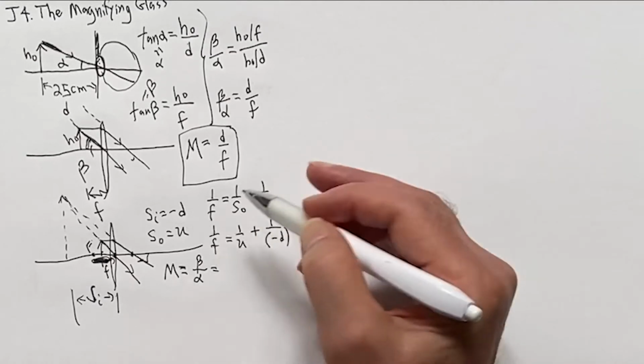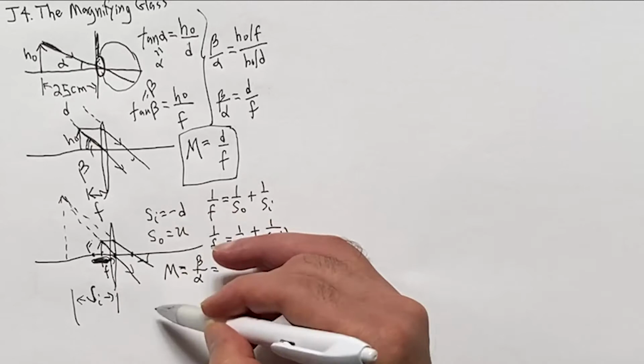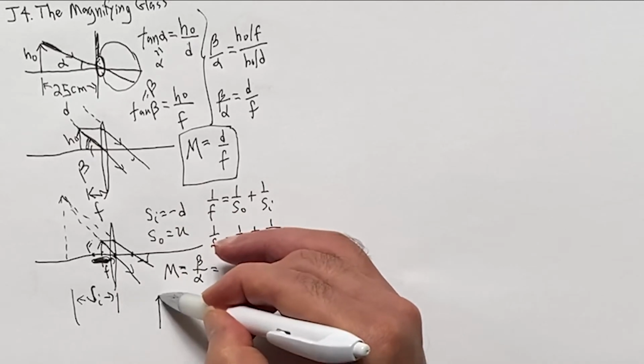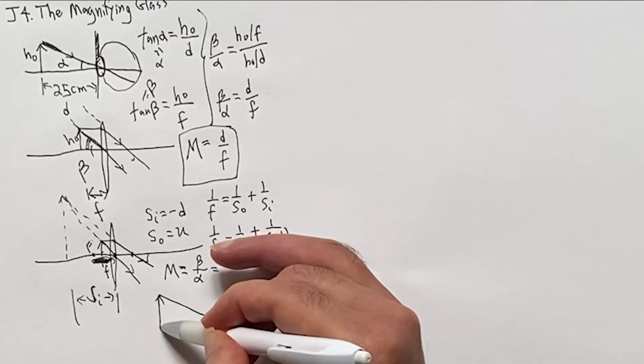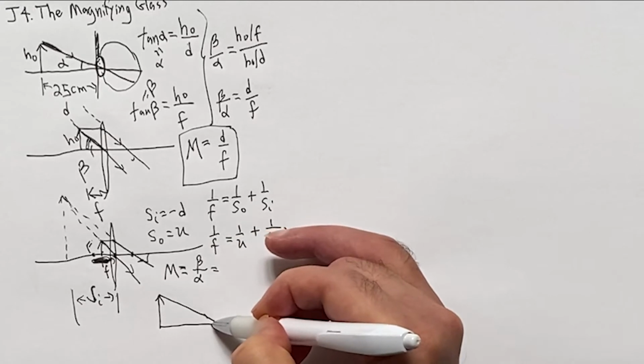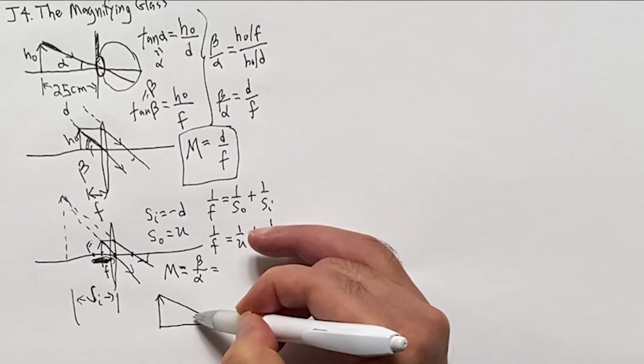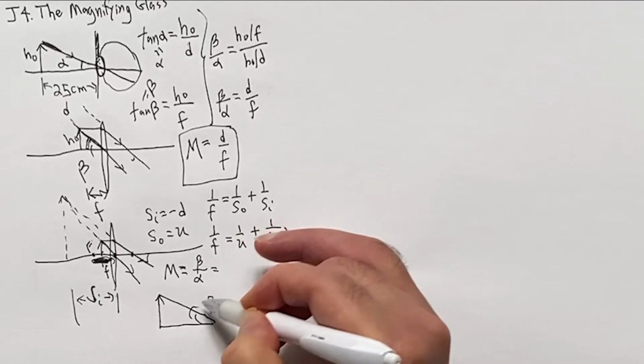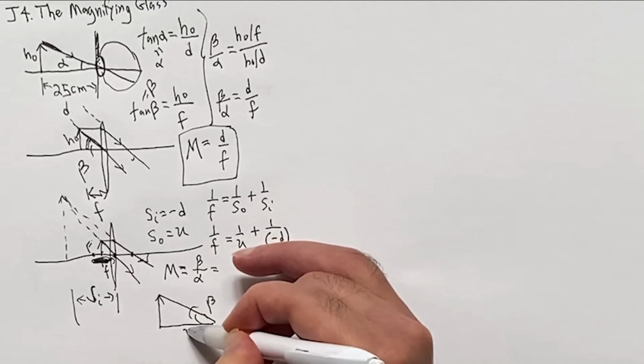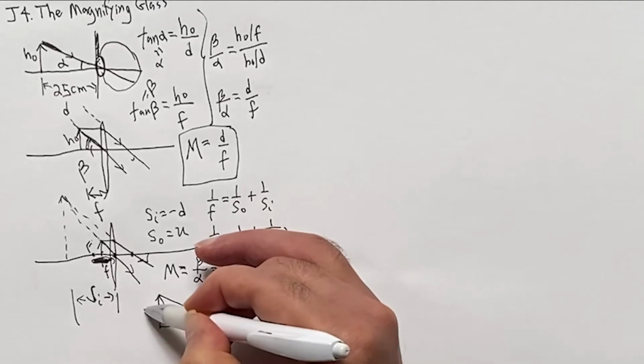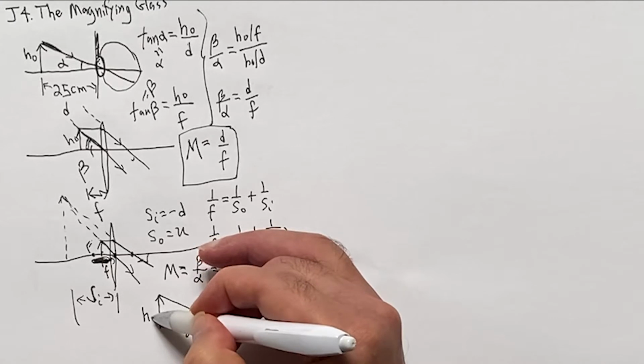If we look at this situation here where this is the object, and I blow up the triangle, so this is the angle beta, then this distance here I'm going to call U. This is the height of the object.